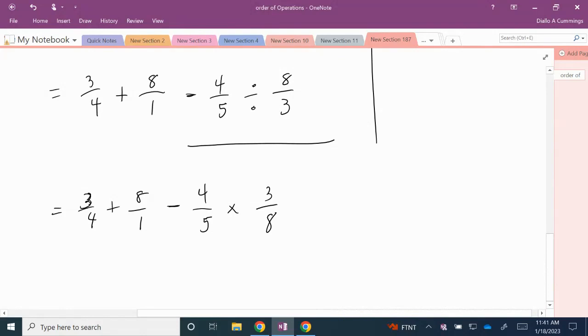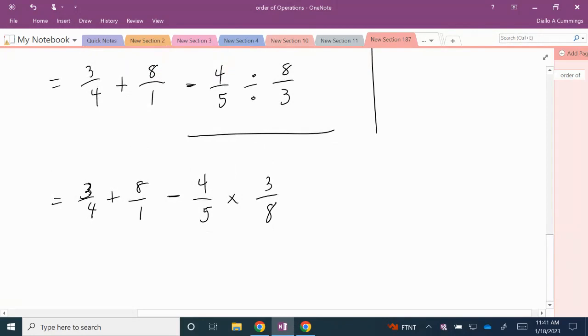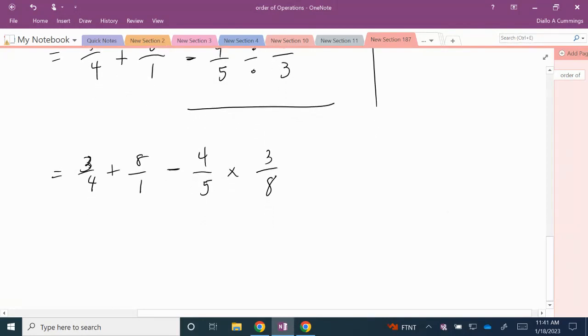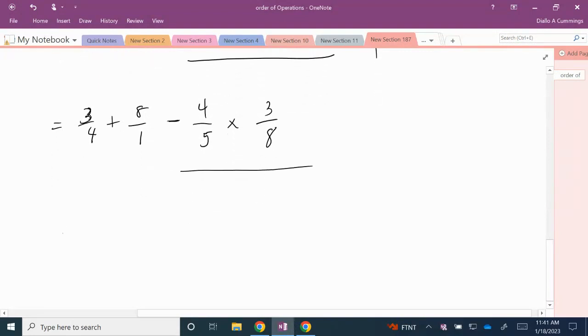So I'm only reciprocating, and reciprocating means to flip that fraction over. I'm reciprocating 8/3, and this is where I get the 3/8. Now I can multiply two fractions. So I'm going to bring down the 3/4 and I'm going to bring down 8.